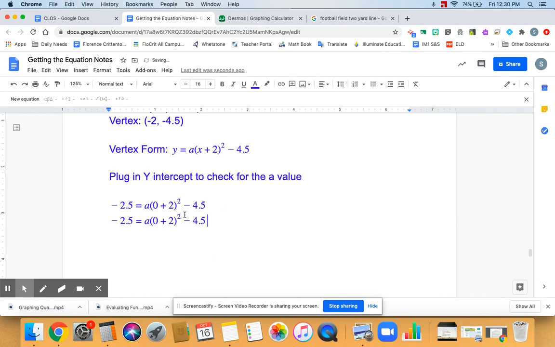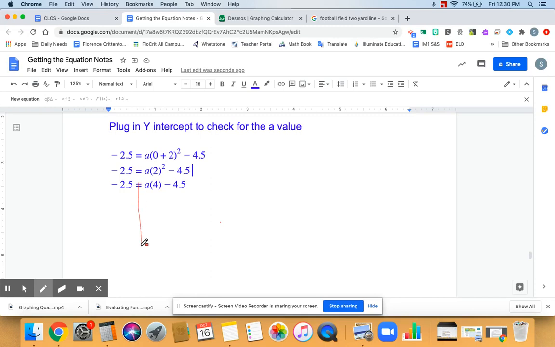So to solve this for a, I'm going to quickly simplify that this 0 plus 2 is just 2. And then 2 squared is 2 times 2 is 4. So to solve this for the a, what's my first step? I have to add the 4.5 over.